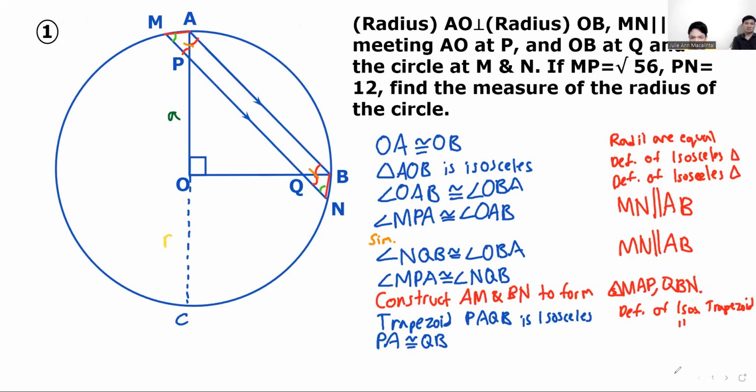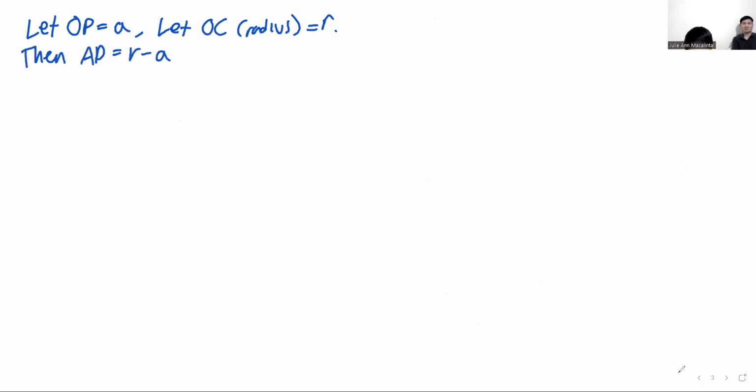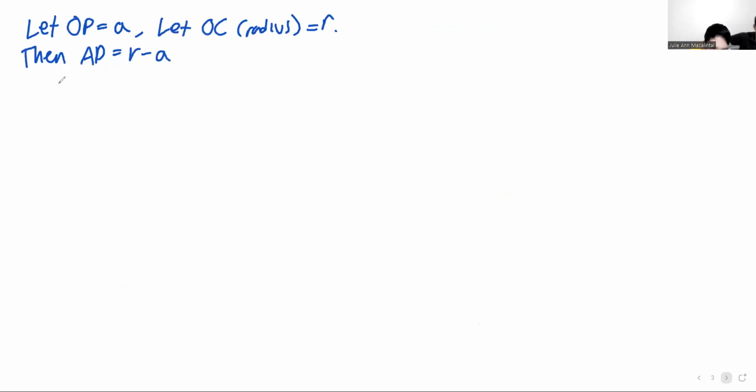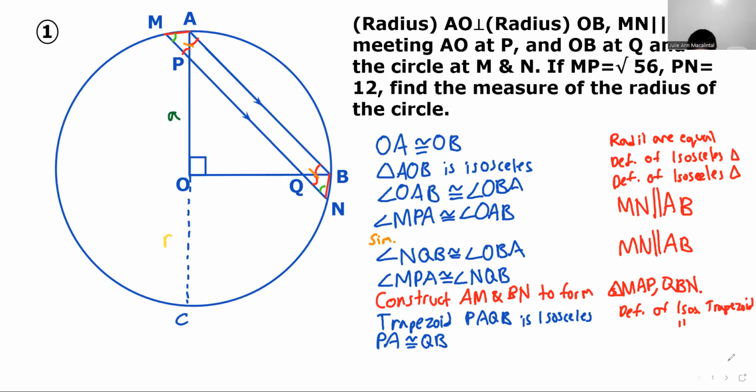Now by using the intersecting chords theorem, AP times PC is equal to MP times PN.